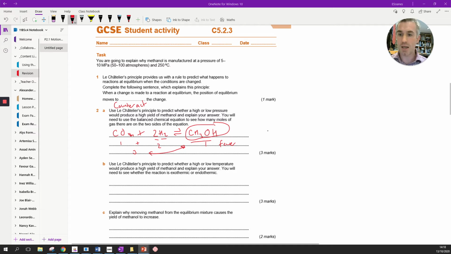So if we increase the pressure, it moves in the direction of the fewest molecules, which is this side, and therefore increases the amounts of methanol. So in this situation, to get the best out of this reaction, we want a high pressure.